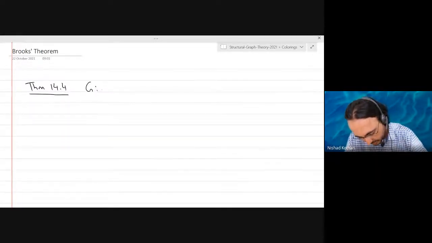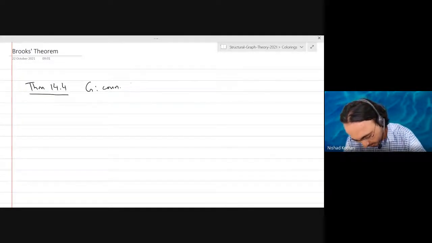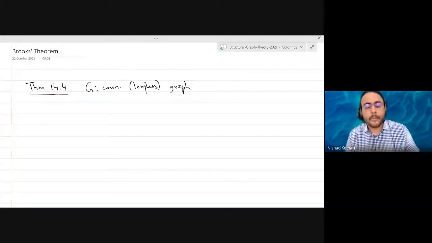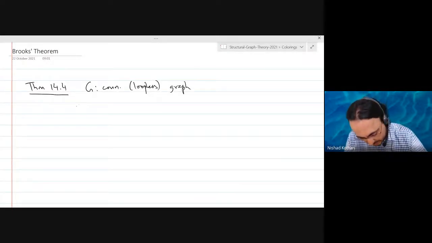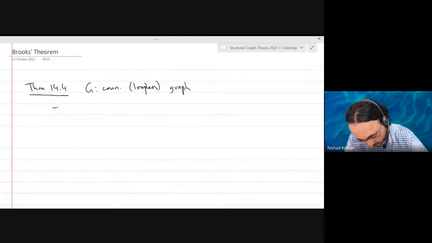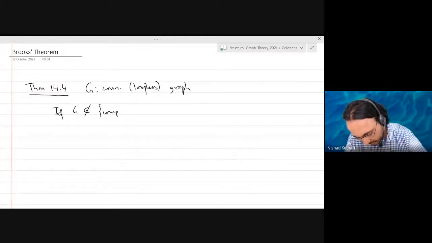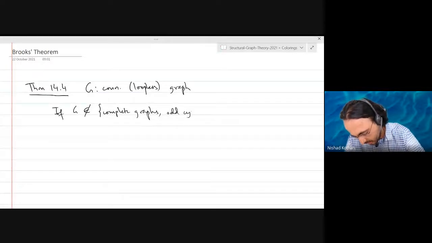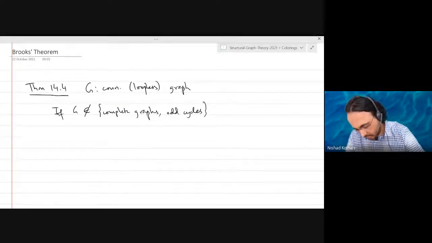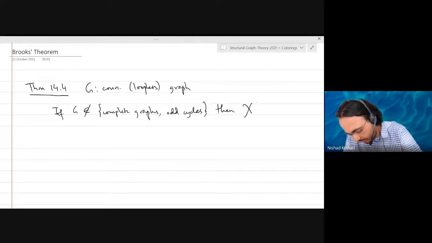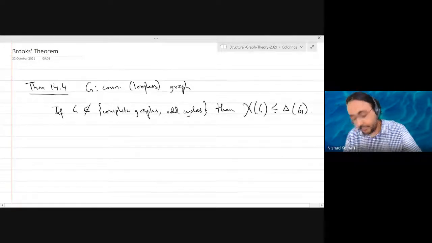Right. So we have a connected graph, and of course, all graphs are loopless in this module. Then the theorem says that if the graph G is not a complete graph or an odd cycle, then the chromatic number of the graph is at most the maximum degree of the graph.